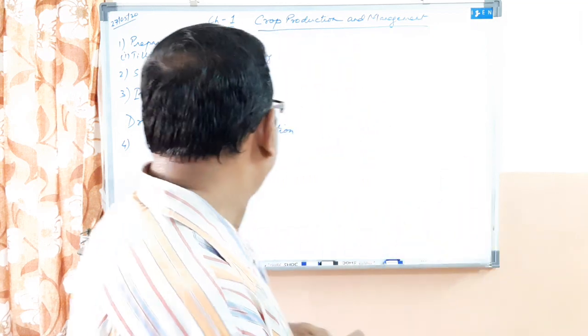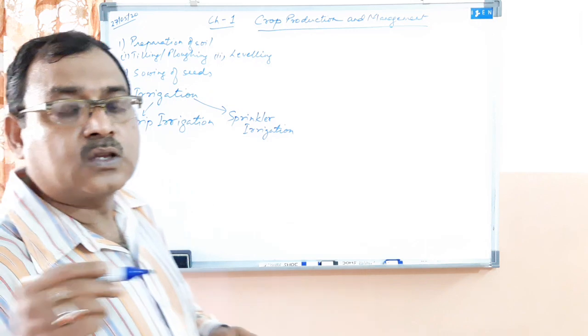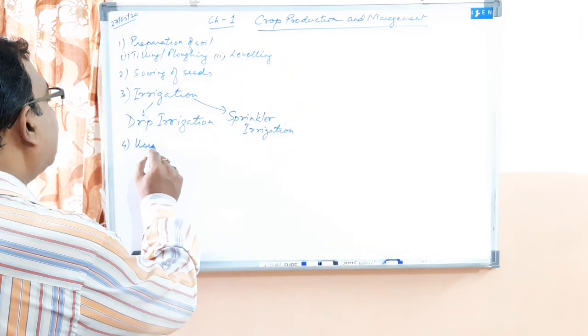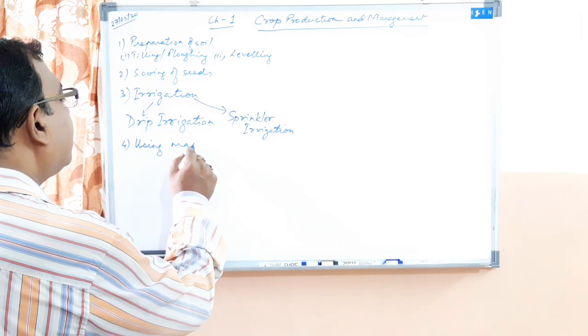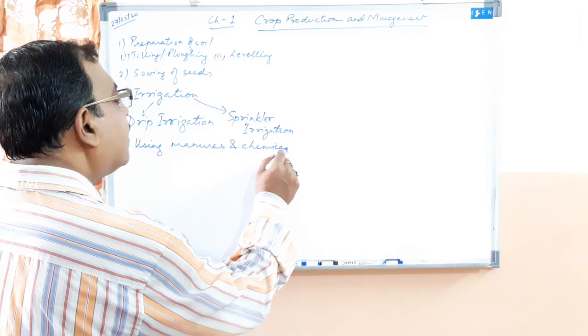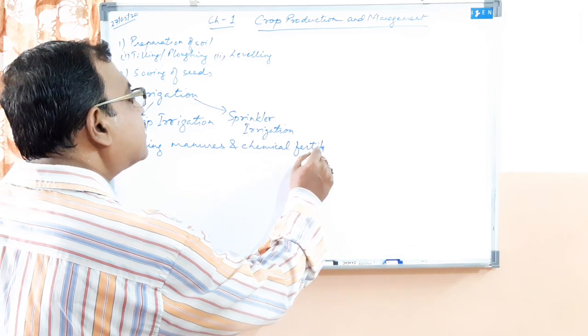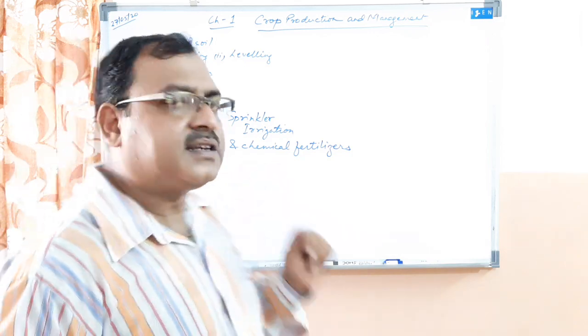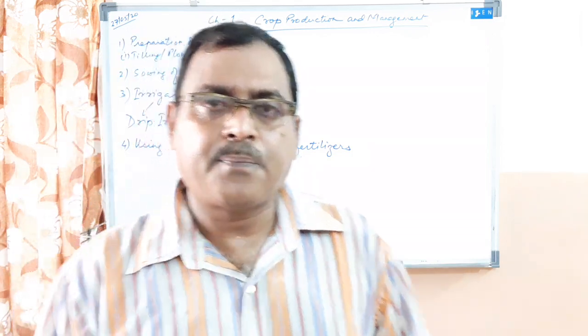Now, after irrigation, we come to the fourth point, that is using manures and chemical fertilizers. Now children, there is a difference between manure and chemical fertilizer.